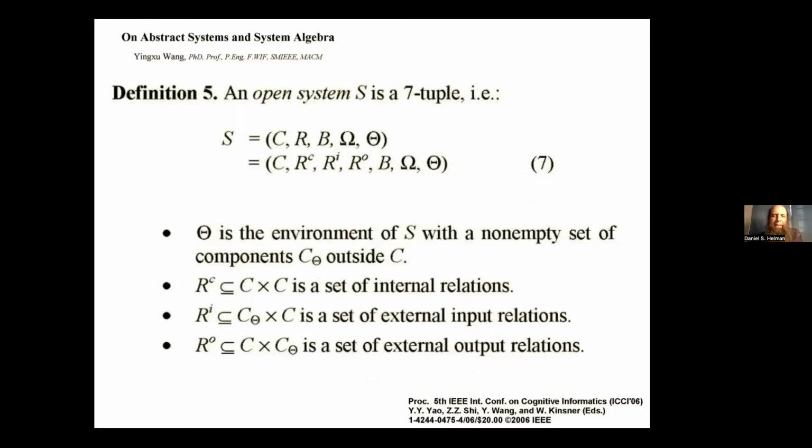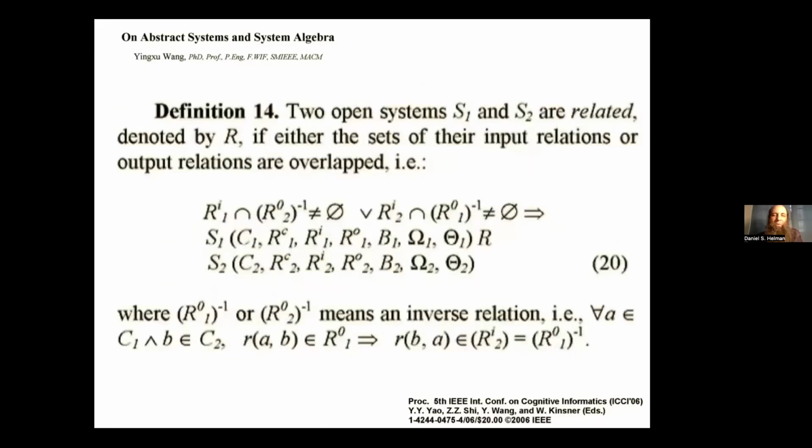And then the constraints, you also have an environment that has components outside that get used. That's the theta at the end. So next slide, please. What you can do then is you can do some mathematics with it and play with your model space. That's one of the things that I'm planning to do.